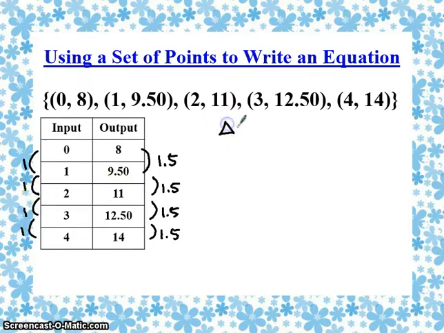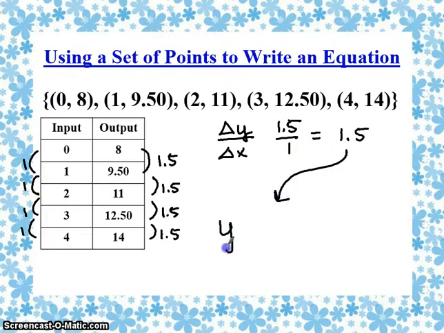So our change in the outputs is 1.5 when our inputs change 1. So our constant rate of change is 1.5, and that becomes the coefficient of x, so y equals 1.5x.